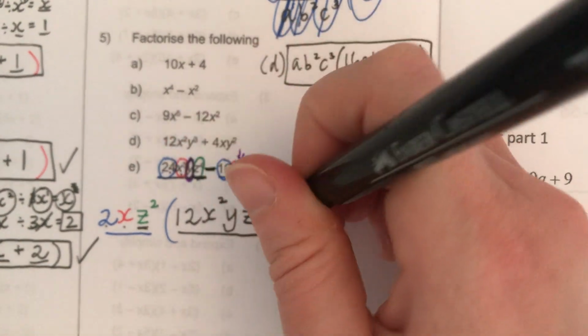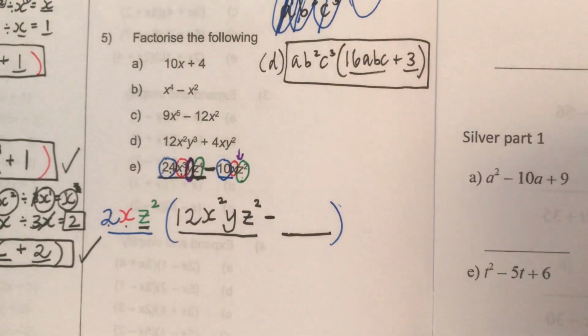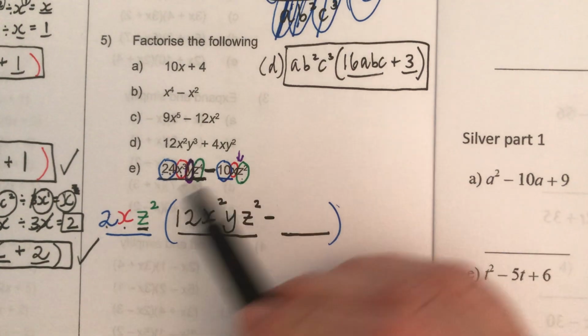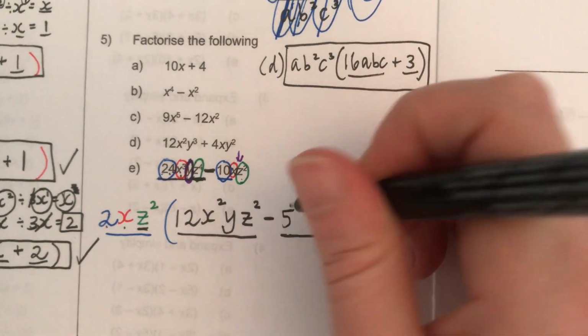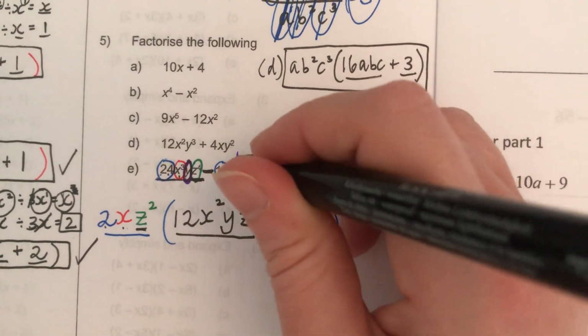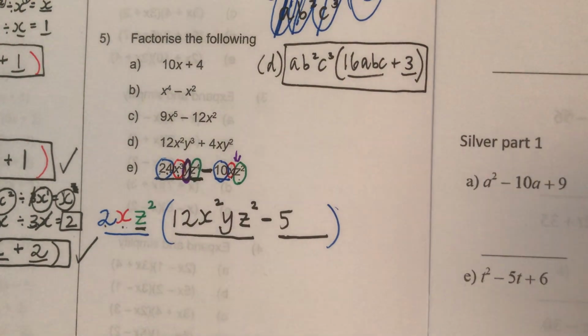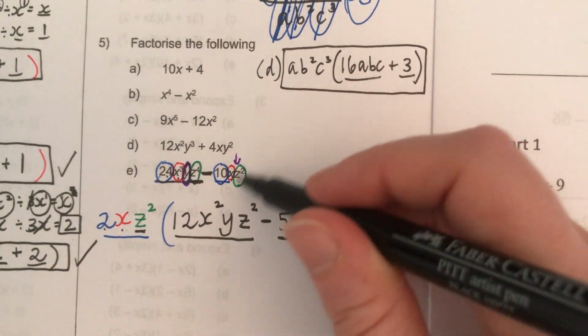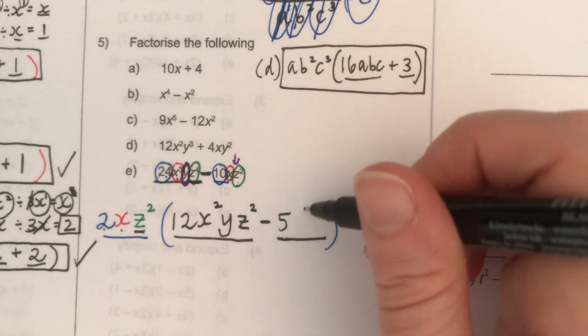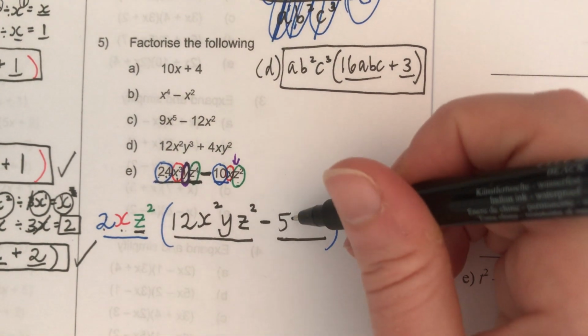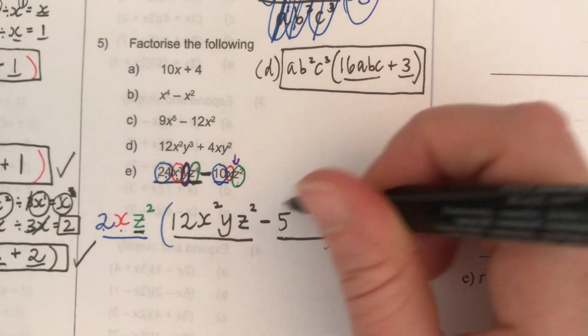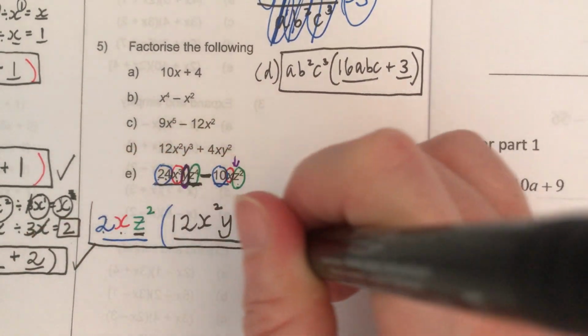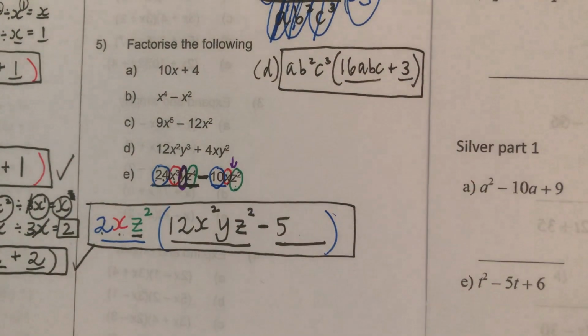All right, I'm just going to bring down this minus symbol to separate the two terms. And then I have 10 divided by 2 is 5. X divided by x goes away, that becomes 1, so we don't need to show it. And then this will happen again, z squared divided by z squared also becomes 1, so we don't need to show it because 5 times 1 times 1 is still just 5. So that will be your entire answer for that last question.